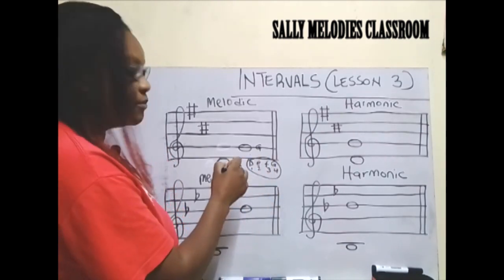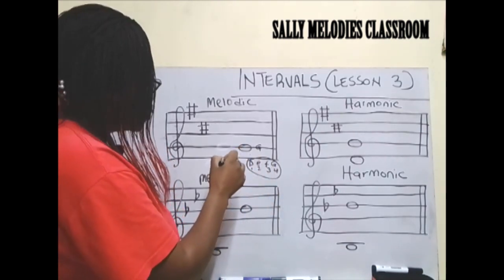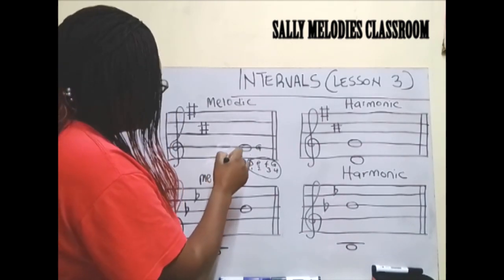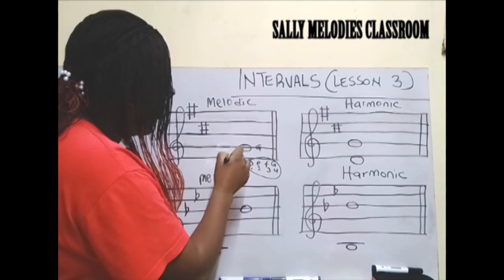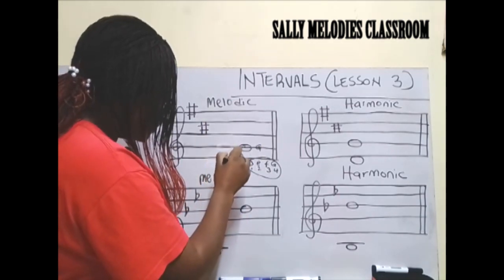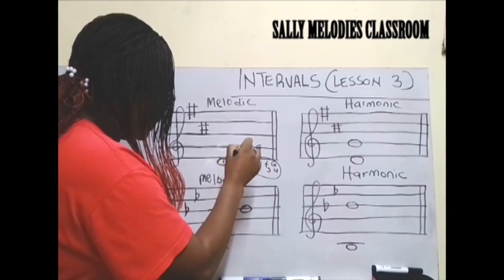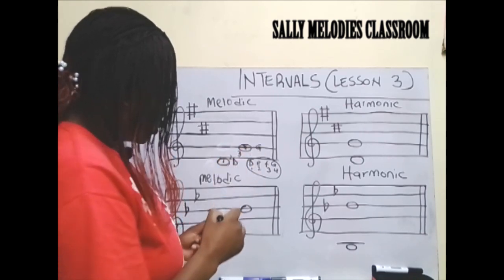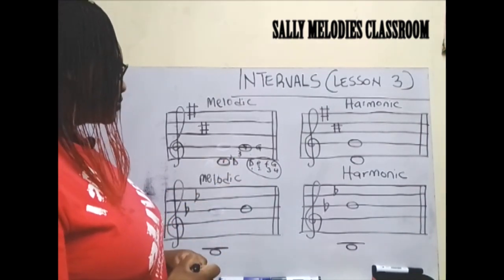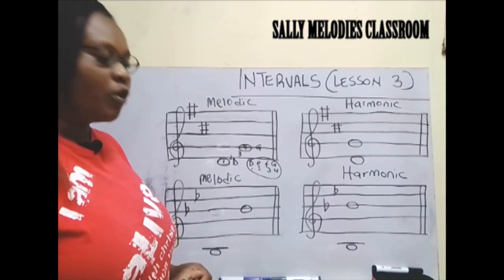Now let's count them on the staff the way they are written. You start on the note, 1, 2 on the line, 3, 4. So this is 1, 2, 3, 4. So we say that from D to G, it is an interval of a fourth.